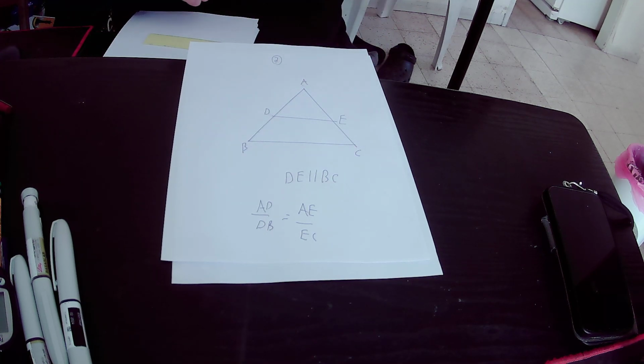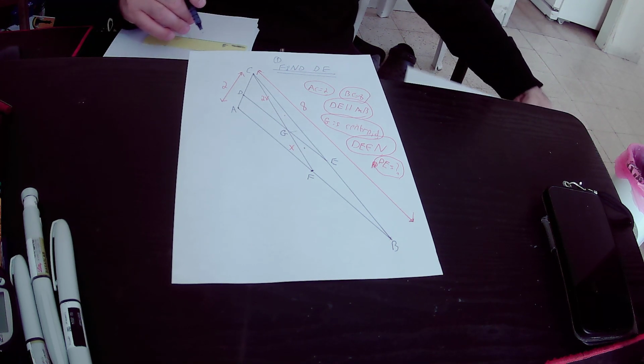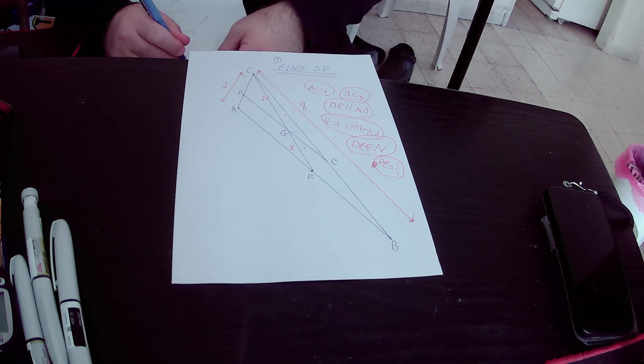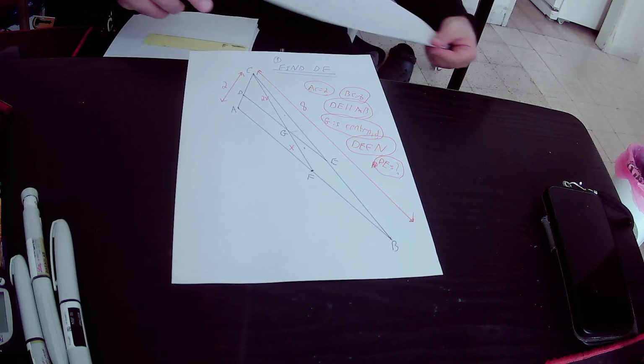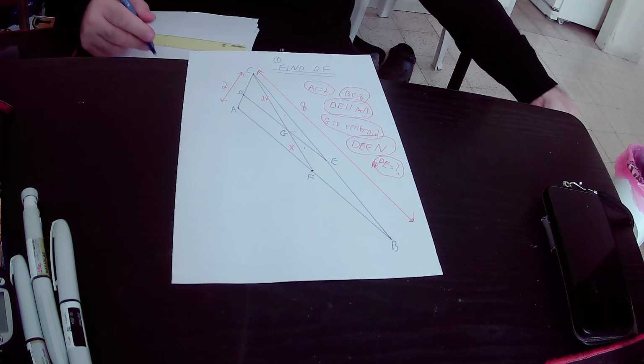So we can implement that rule in our drawing, because in our drawing we know that DE is parallel to AB.